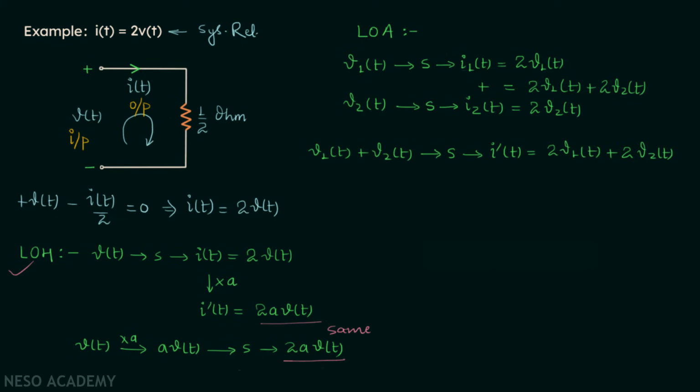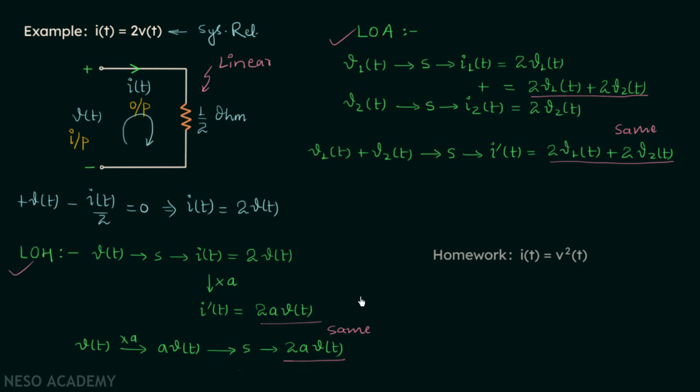When you compare the two outputs, you will find they are the same, and hence the law of additivity is also satisfied by our system. Because both the laws are satisfied, this system is linear in nature. So I hope this example is clear to you.